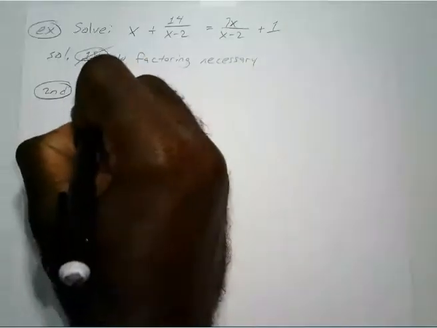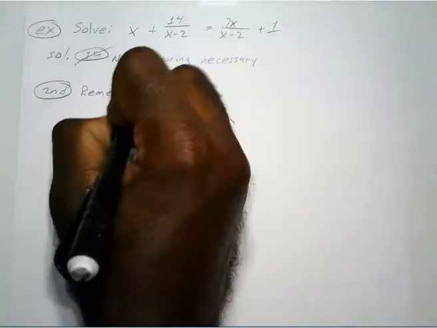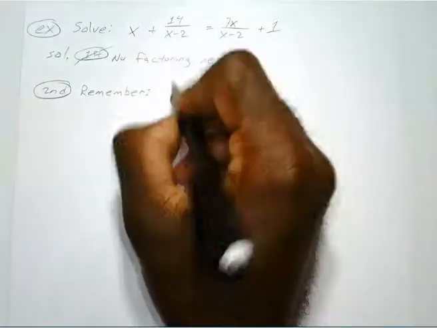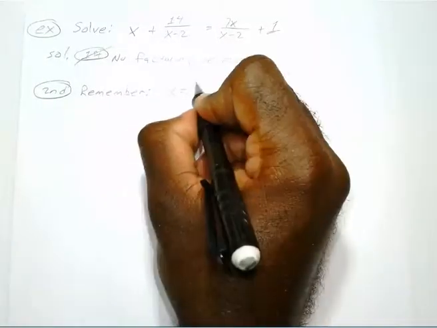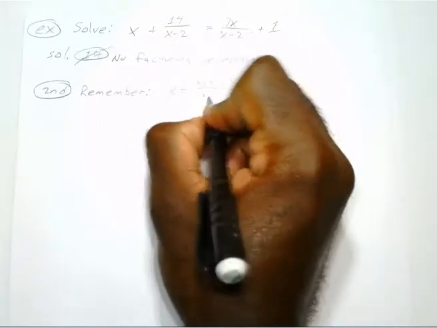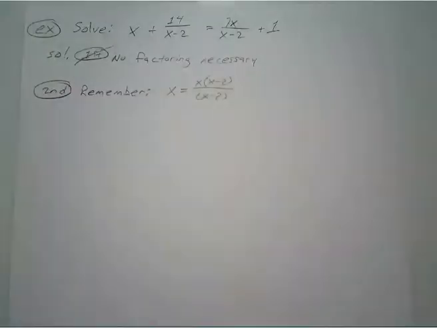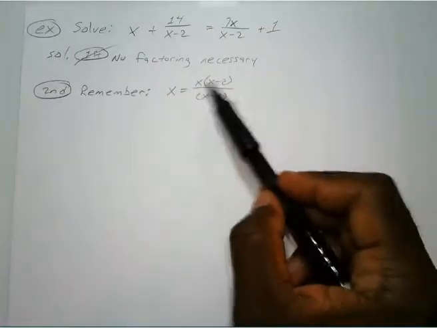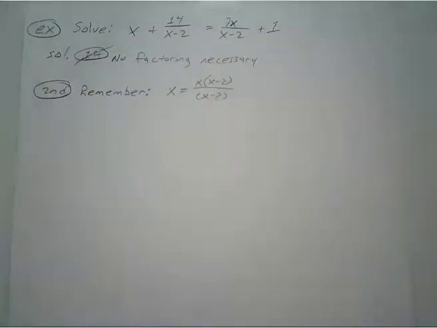So you want to remember that x, that's the same as saying x times x minus 2 over x minus 2. Because we can go ahead and cancel those x minus 2's out and stay with x.